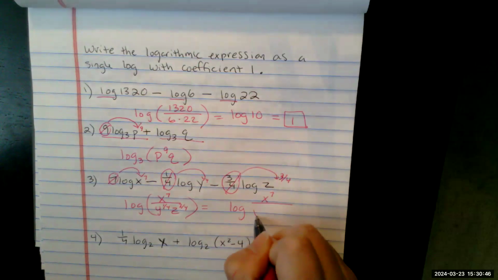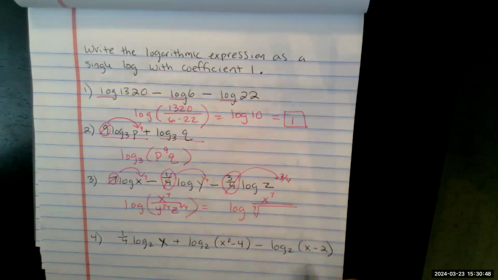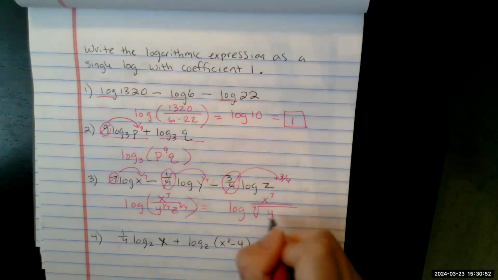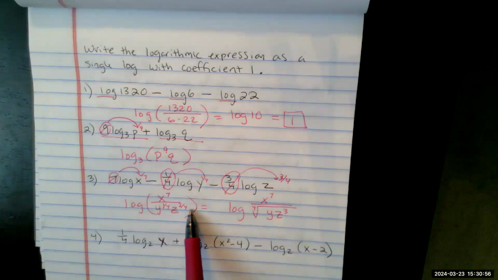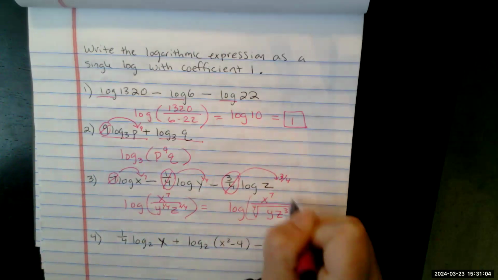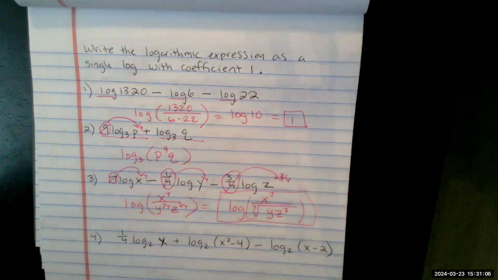So I can write it that way. Y to the 1st power times z to the 3rd power. So because they both had a fraction with the same denominator, that means I could put them under the same root. So this is where I would stop.